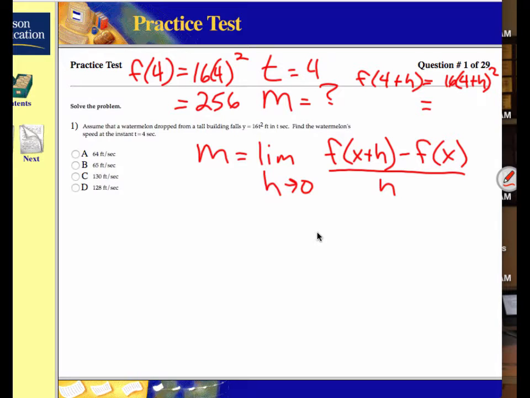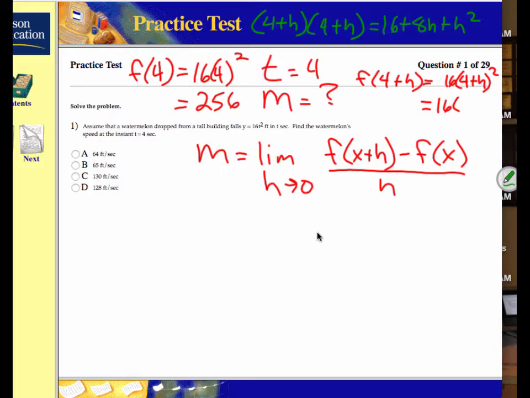That's a little more challenging, but basically I'm going to get 16 times the quantity 4 plus h times 4 plus h. That's going to be 16 plus 8h plus h squared, isn't it? Does that make sense to you guys?